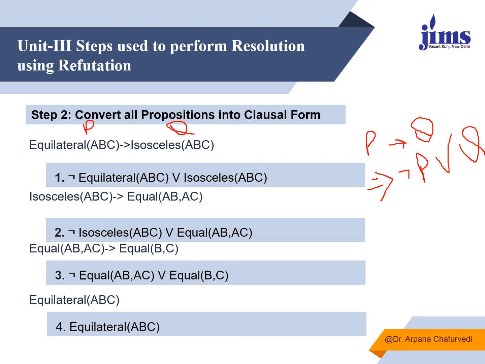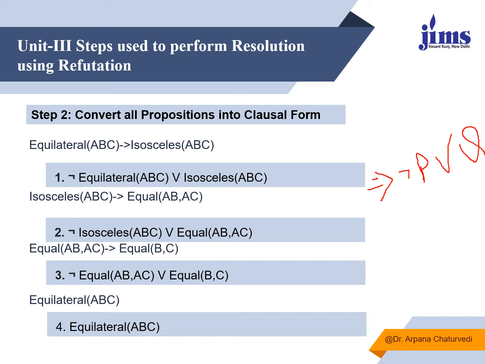Similarly, the second: if ABC is an isosceles triangle, then sides AB and AC are equal. We can write: not isosceles ABC or equal AB, AC. Now we are given: if AB and AC sides are equal, then angle B and angle C are also equal. We convert that to: not equal AB, AC or equal B, C. Equilateral ABC will be as it is. So here we have removed the symbol of implication.